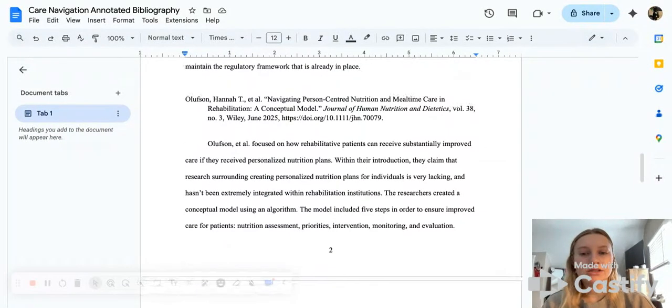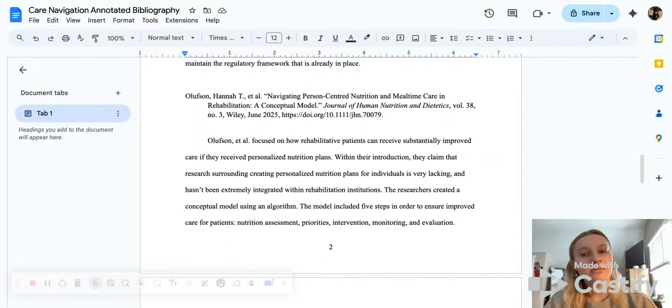And then, for my last article, I chose Olafson et al., and it's Navigating Person-Centered Nutrition and Mealtime Care and Rehabilitation. They created a conceptual model in this one. This one is from the Journal of Human Nutrition and Diabetics, Volume 38, Number 3, and this was published pretty recently in June of 2025.